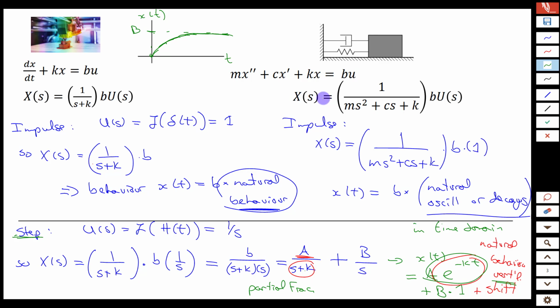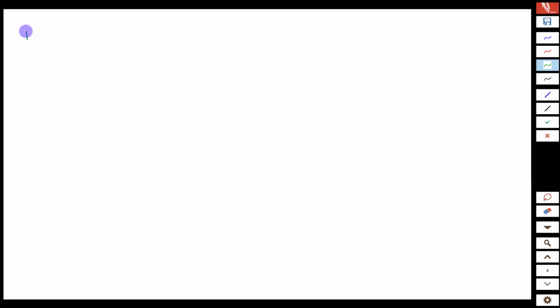Let's take a look at the similar example here with the mass and spring. What we're going to get there is, if we do the step function, we take the transform again of the Heaviside function, our on-off function, which is going to be 1 over s.